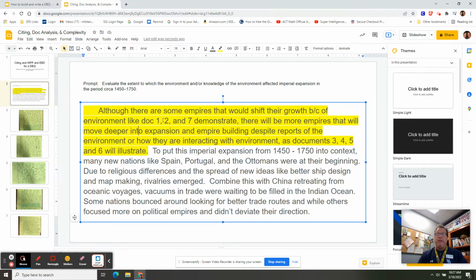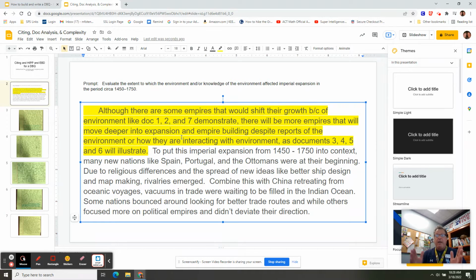There's going to be a paragraph that talks about documents 1, 2, and 7, and in that paragraph, it looks like empires will move deeper, or shift their growth because of the environment. And then there's documents 3, 4, 5, and 6. What they do is they just keep on building. And so that's what the next paragraph is going to talk about. So there's your comparison.